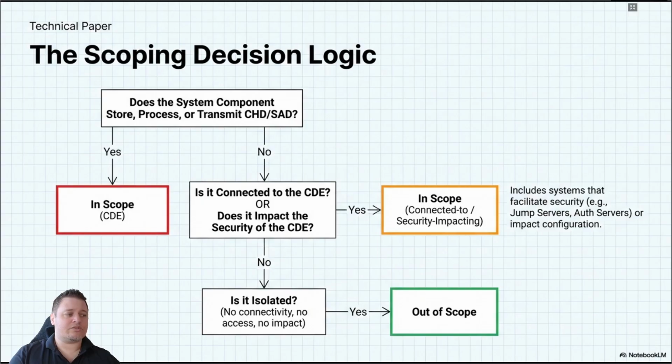This includes systems that facilitate security, such as jump servers, authentication servers, or systems that impact configuration. Authentication servers like multi-factor authentication, for example. If multi-factor authentication is enabled to have access to it, that falls underneath the same in scope within PCI DSS.